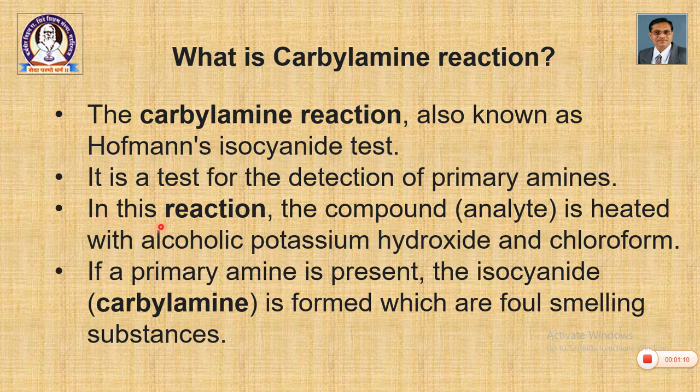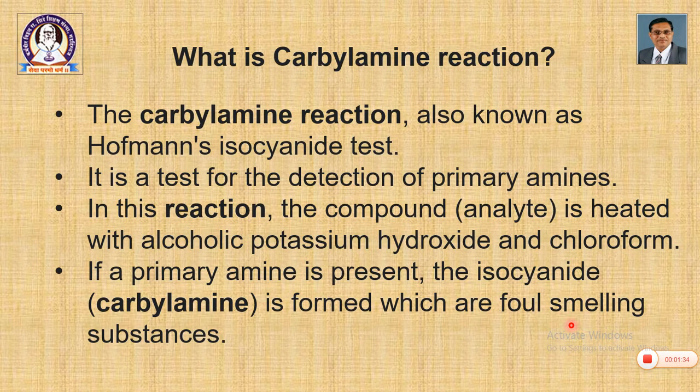In this reaction, the primary amine is heated with alcoholic potassium hydroxide and chloroform. So, the reagents are alcoholic potassium hydroxide and chloroform. The primary amine is converted into isocyanide, which is carbylamine, a foul smelling substance.